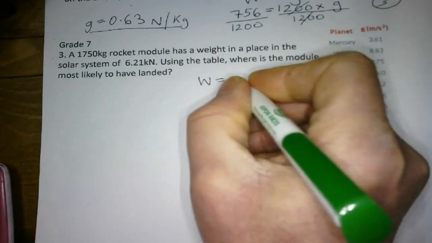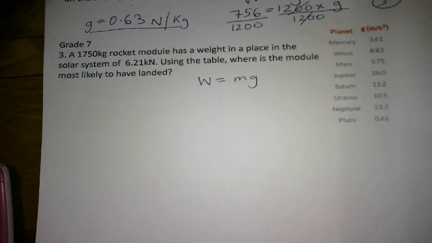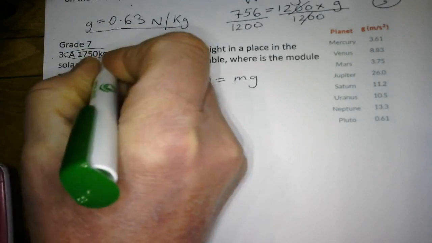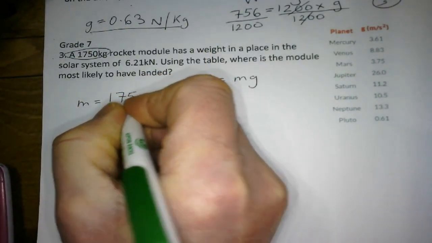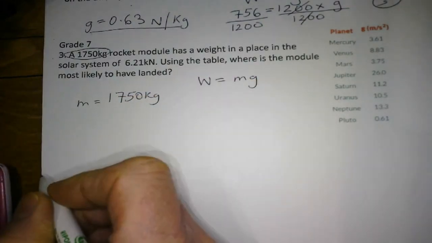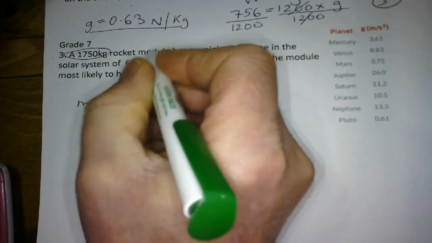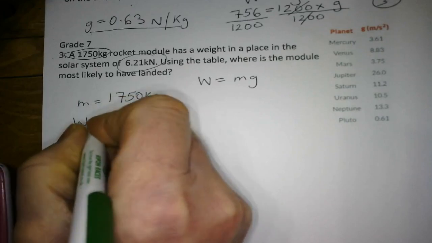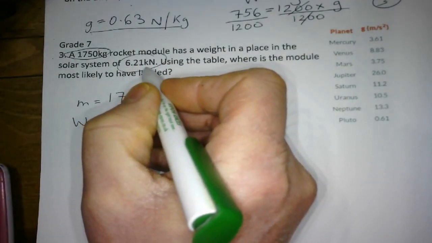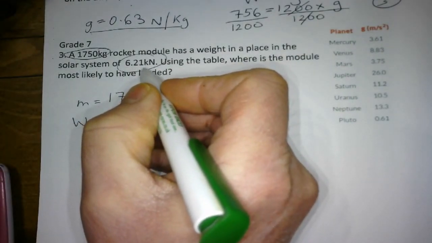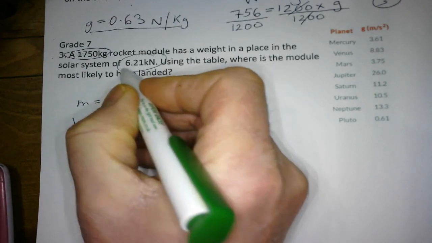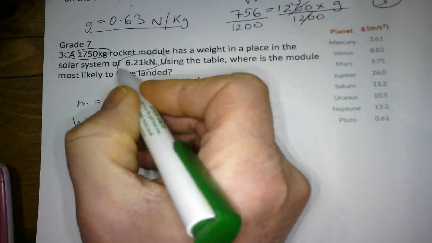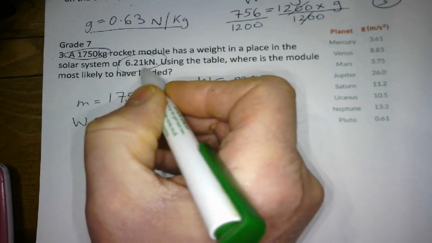W equals mg. So what do we know? We know the mass. So the mass is 1,750 kilograms. So we know that. What else do we know? We know the weight, W, equals 6.21. Oh, that's kilonewtons. So that's not 6.21 newtons. So I'm not going to write that down. 6.21 kilonewtons means 6.21 thousand newtons.